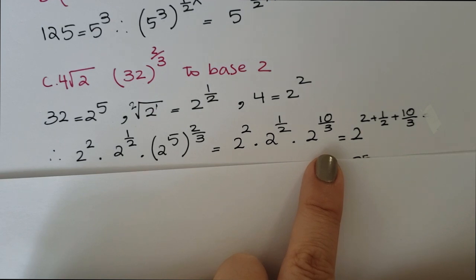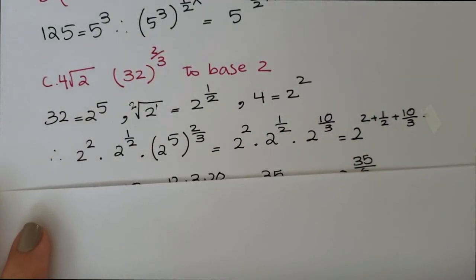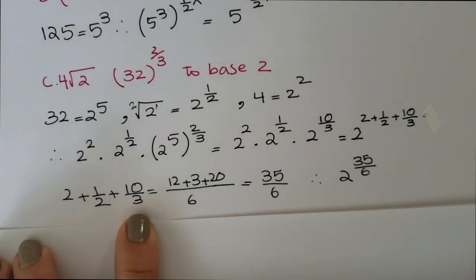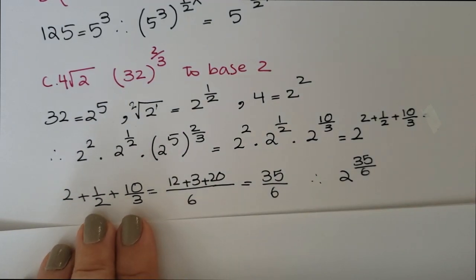Okay? And for those of you who cannot remember how to find a common denominator for fractions, I'll try to explain it, just as a reminder. So 2 plus 1 over 2 plus 10 over 3, we find a common denominator. Here the common denominator would be 2 times 3, which is 6.